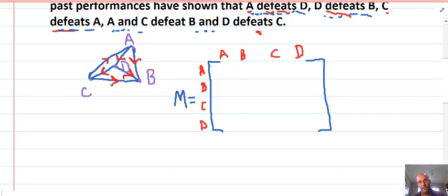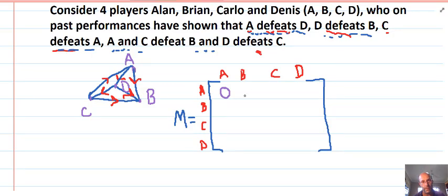If you go along row 1, it's the story of what happens to player A. Player A can't meet himself, so there'll be a 0 there. A defeated B, so a 1 is written there, and then A was defeated by C, so a 0 pops up there. A defeats D, so we have another 1 there. Now the total of that row is 2. I'll talk about that a bit more in a moment.